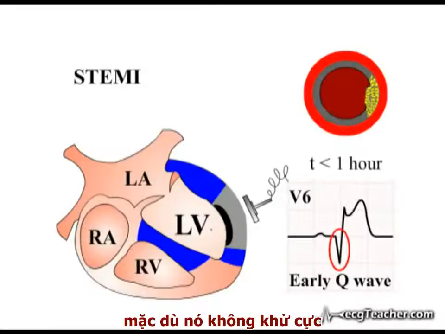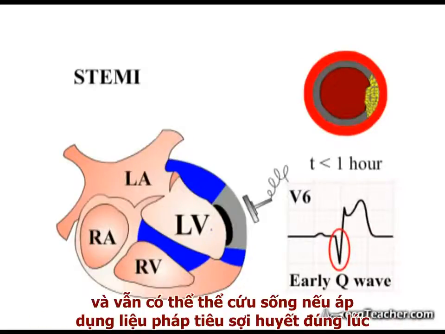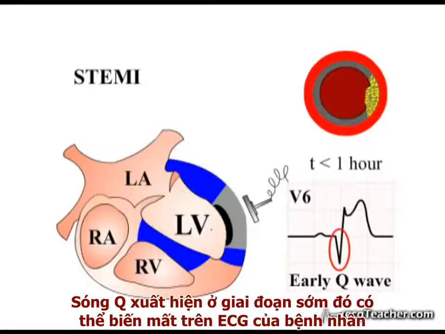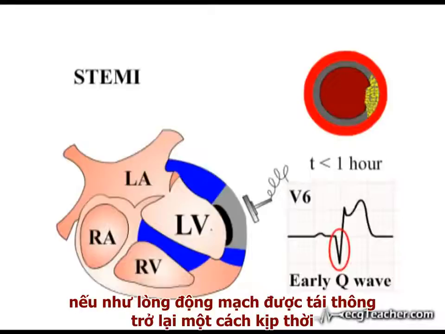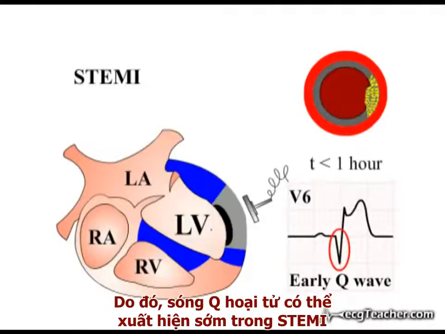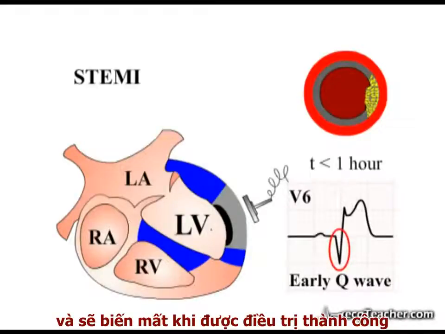However, although not actively depolarizing, the affected myocardium is still viable and potentially salvageable with timely thrombolysis. Such early Q waves may disappear from the patient's ECG and normal R wave progression may be restored if vessel patency is re-established within the appropriate time frame. Hence, pathological Q waves may occur early in the course of STEMI, and these early Q waves may be transient, disappearing with successful treatment.